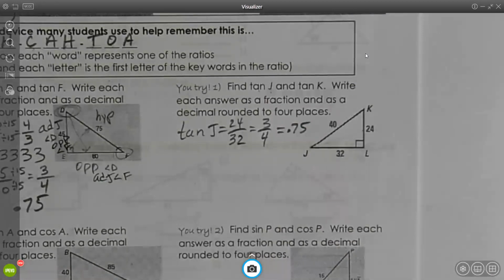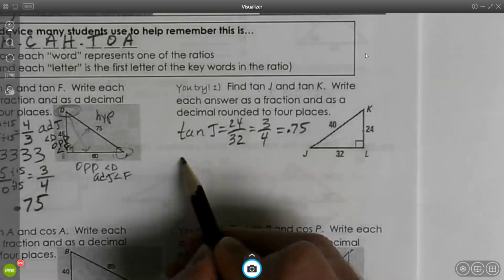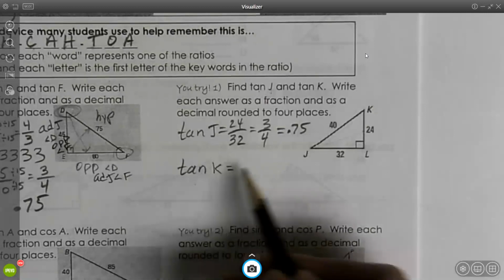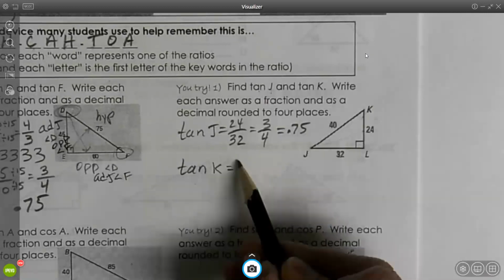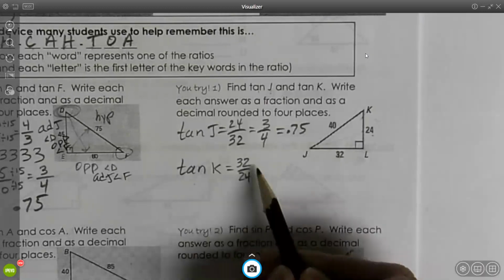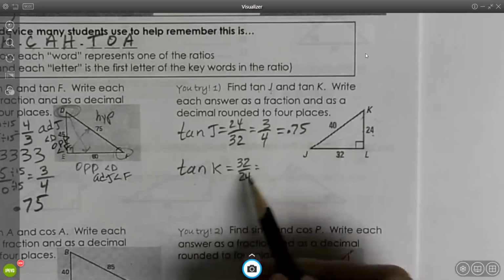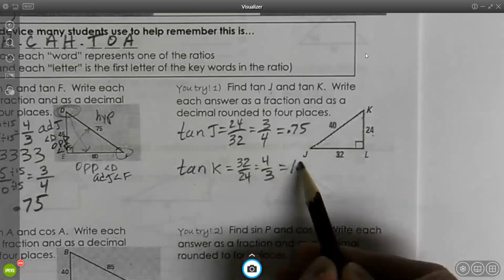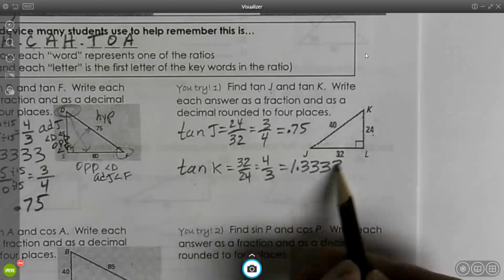Tangent is not always 0.75. Tangent of K is the opposite would be the 32 and the adjacent would be the 24. 8 goes into that 4 times, 3 times, we get 1.3333.